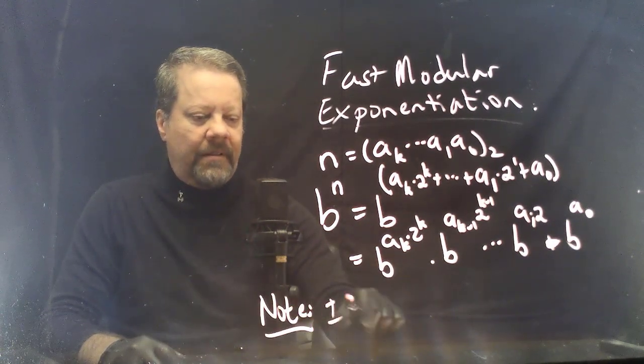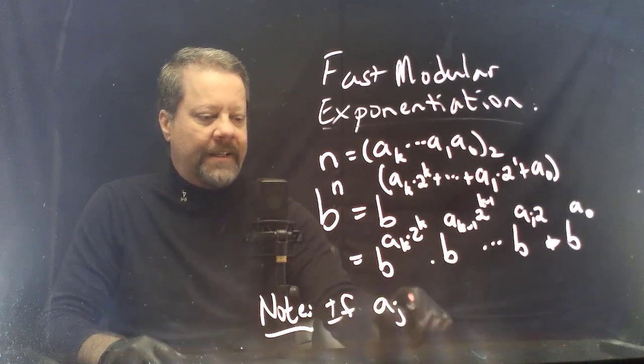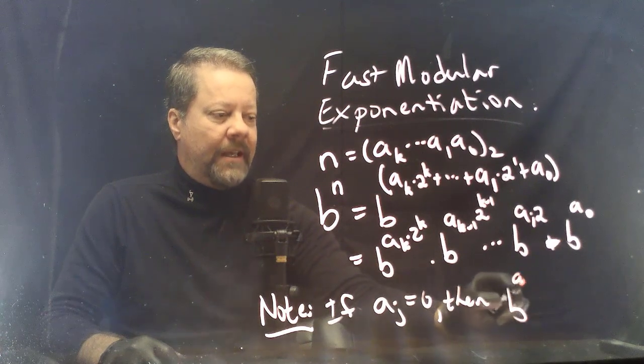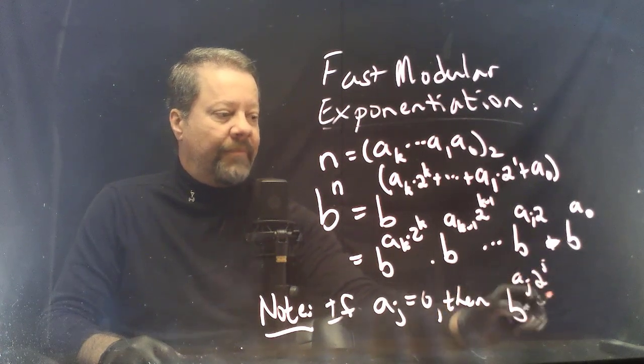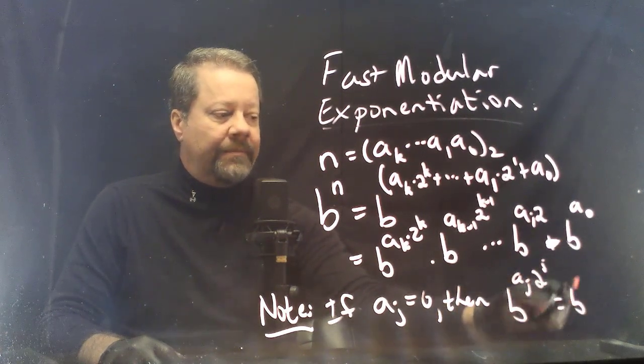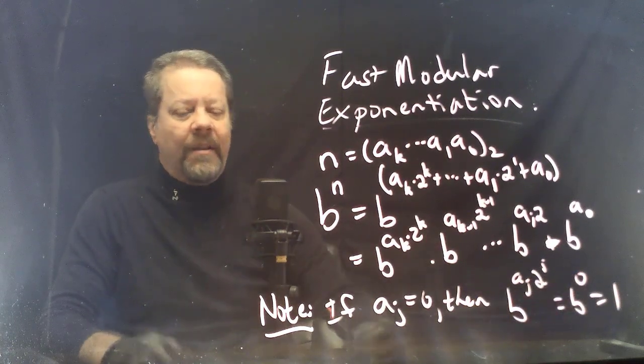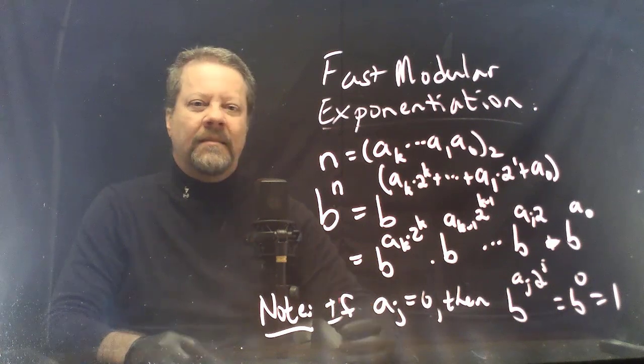Note, if any of these a's is 0, then b to the a_j times 2 to the j will be b to the 0, or just 1, a factor of 1. Those factors you can ignore.